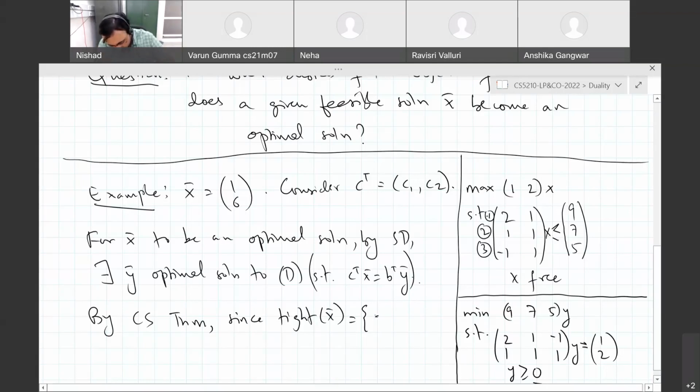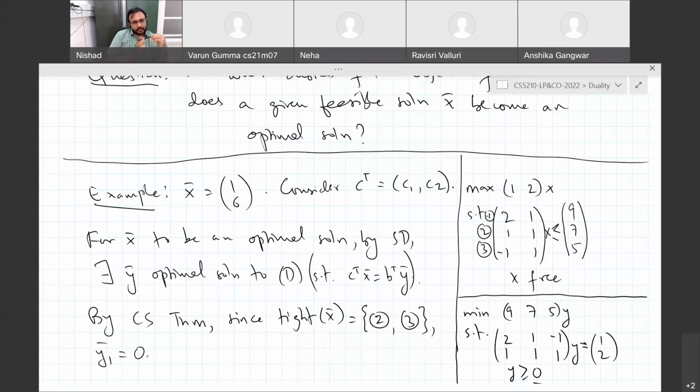Since the tight constraints are the second and the third one, we know by complementary slackness that the constraint that is not tight, that dual variable has to be equal to 0. Does everybody agree? If x bar has to be an optimal solution, then the dual variable has to be 0.